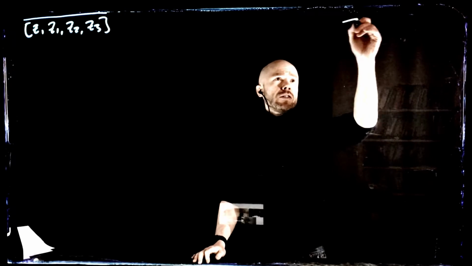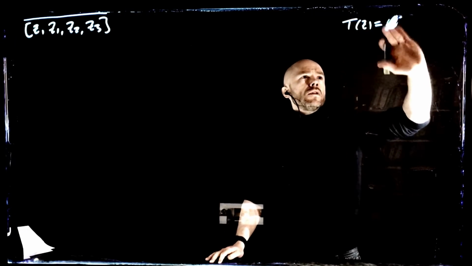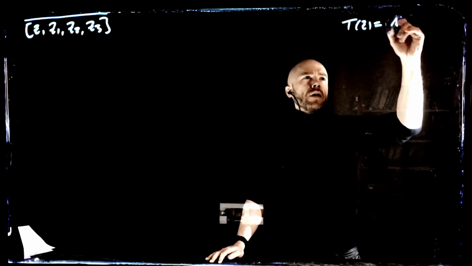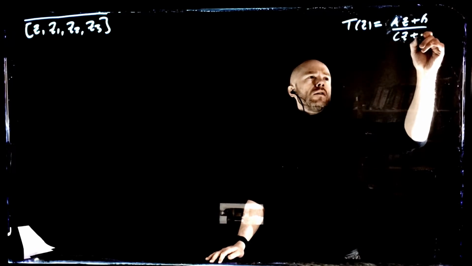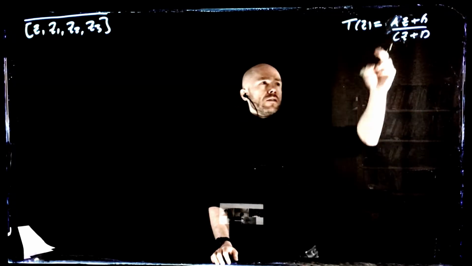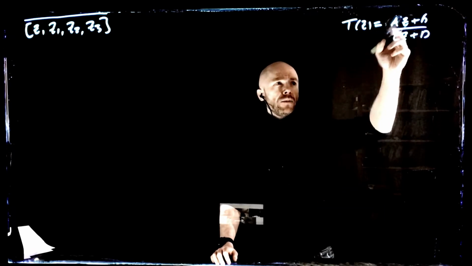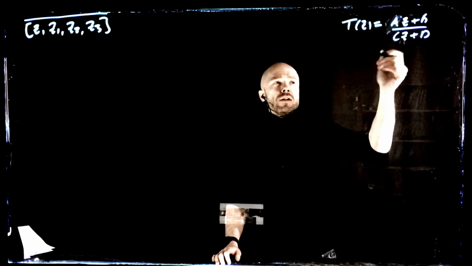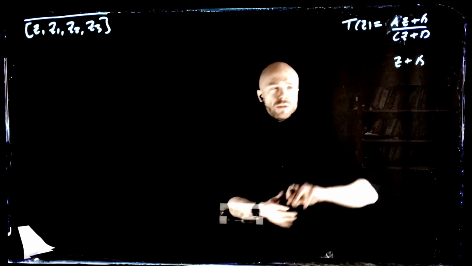So Mobius transforms T of Z is equal to, oops, this is a different A. This is just the general form. Let me put it, okay, capital A, Z plus B over CZ plus D, right? So that includes the map that just takes Z and adds a constant B to it. So we can set A to be 1, C to be 0, D to be 1, and then Z plus B is an example of such a map, right? Cool.